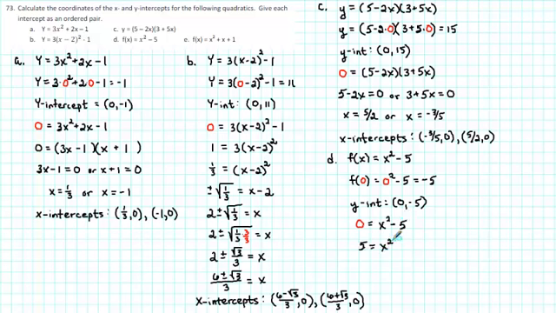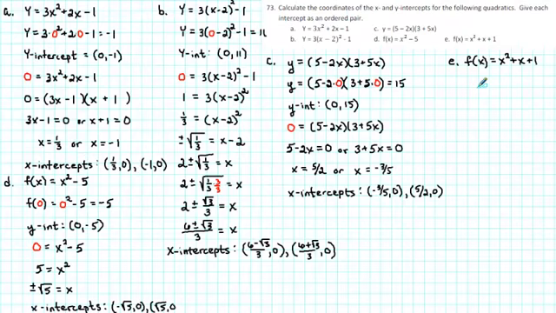Next, we take the square root of both sides, and again, we remember that every positive number has two square roots, one positive, the other negative, so we get x is equal to plus or minus the square root of 5. Therefore, the x-intercepts are (negative radical 5, 0) and (the square root of 5, 0).